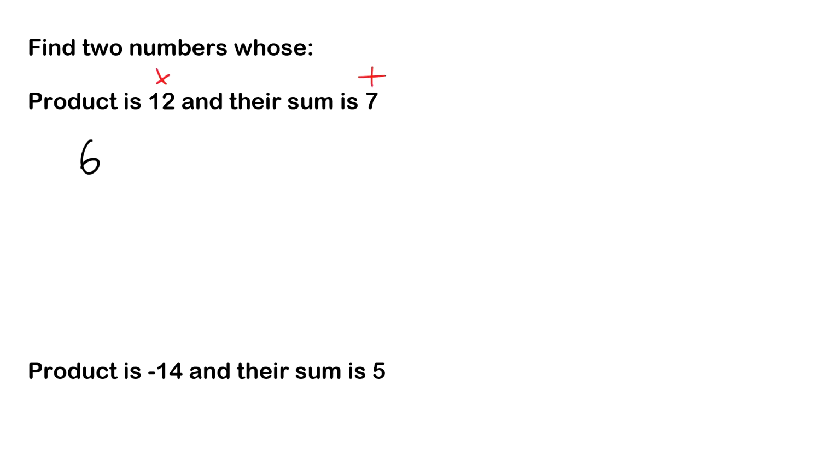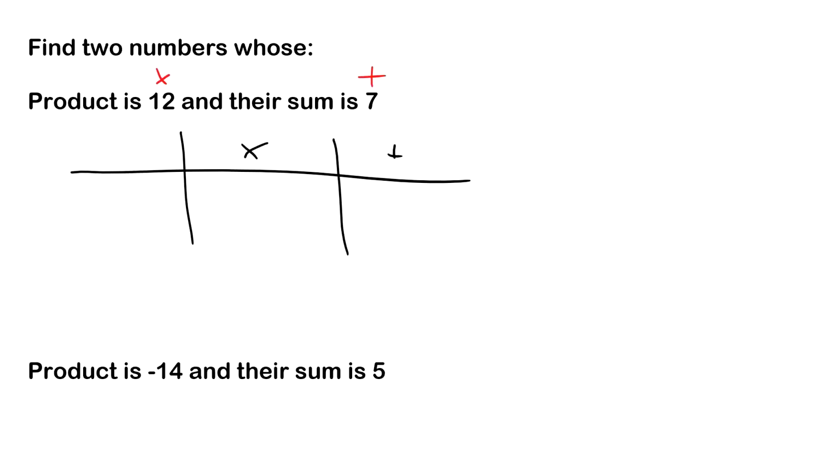I'm going to say 6 and 2. If I make a little table here, we've got times and we've got plus. 6 times 2 is 12, so that's a tick. That met the requirement of our product, but 6 plus 2 equals 8, which is not 7. So we know that's not the pair.